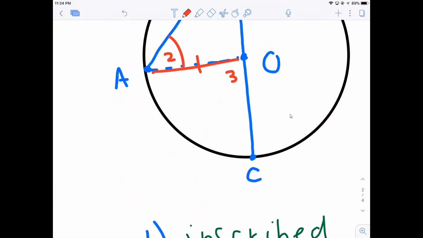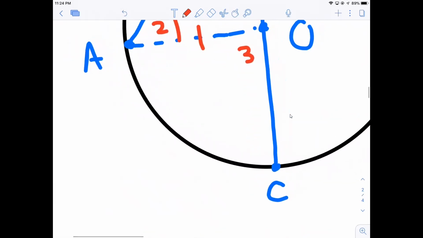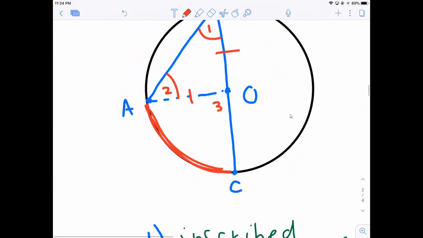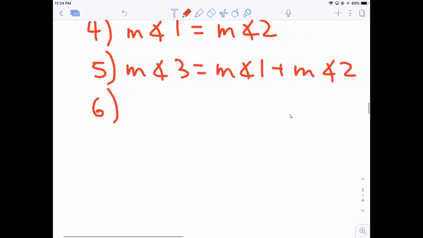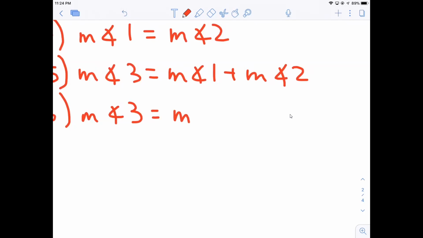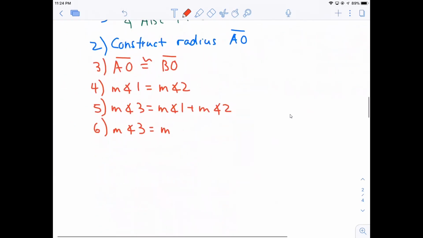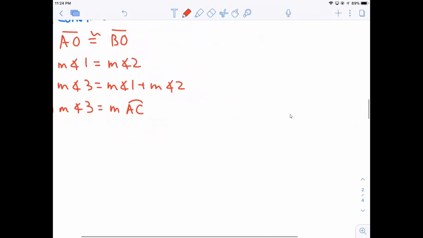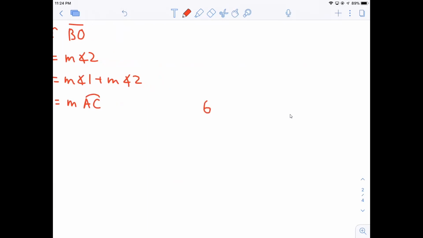We know that AOC is a central angle, which means the measure of this arc is also equal to the measure of angle 3. So next step, the measure of angle 3 is equal to the measure of arc AC. And this one I will write down the reason because that is a relatively new theorem.